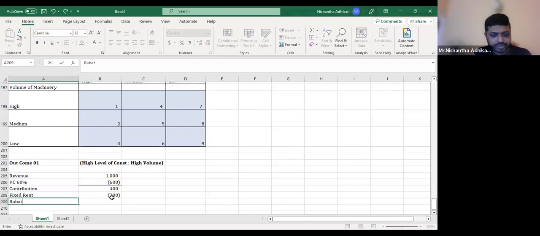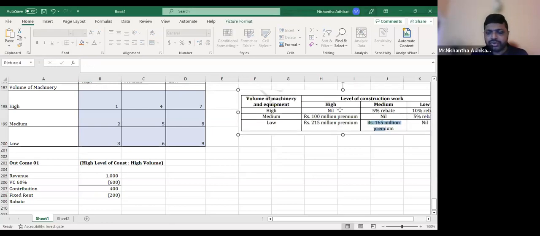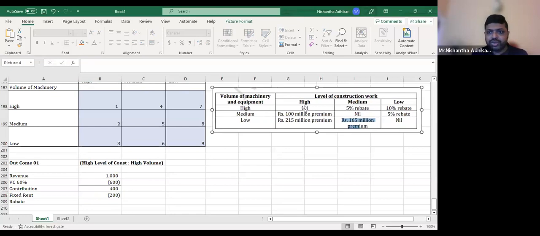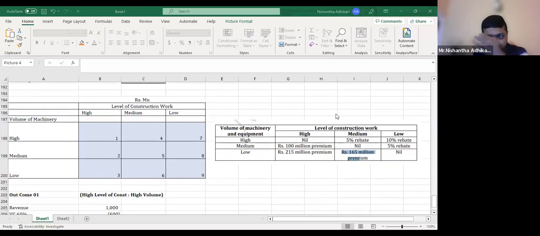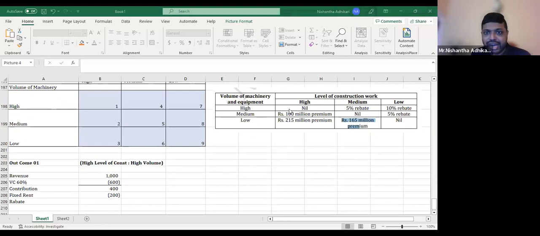Rebate. We have to state the figures in rupees million. Yes, you have to state the figures in rupees million, because these figures are given in rupees million. High volume machinery with a high level of construction will have no rebate.